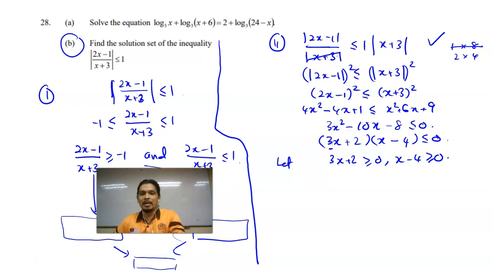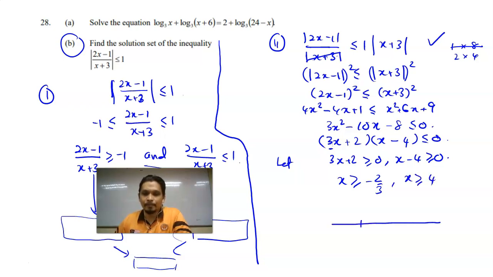Then x is greater than or equal to negative 2 over 3, and x greater than or equal to 4. Negative 2 over 3 and 4.